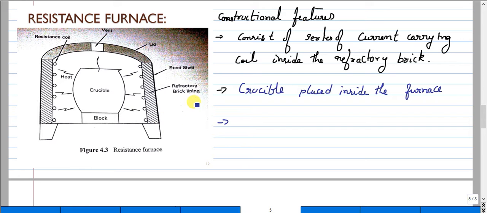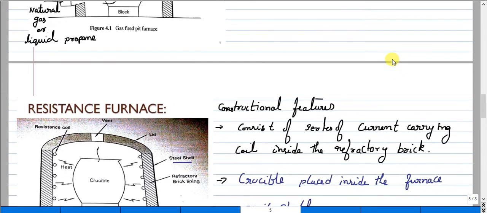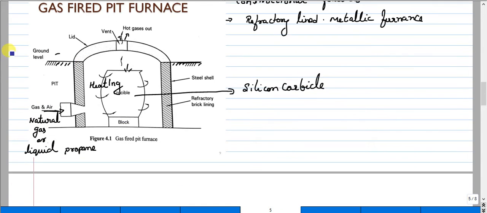And again you have a refractory lining, and a metallic steel shell. The same procedure as in the previous case, if you notice, we have supplied natural gas or liquid propane.